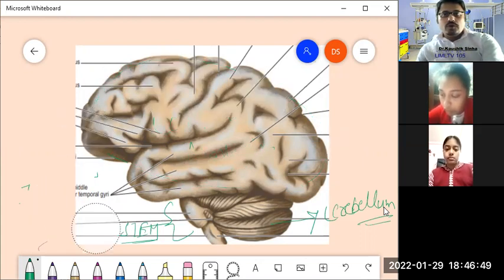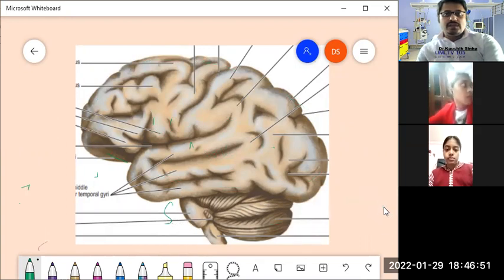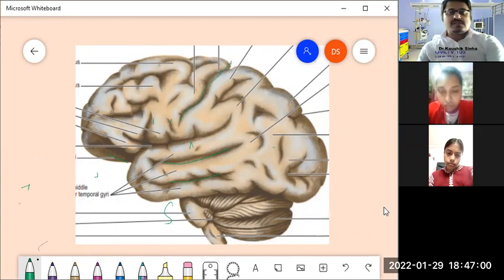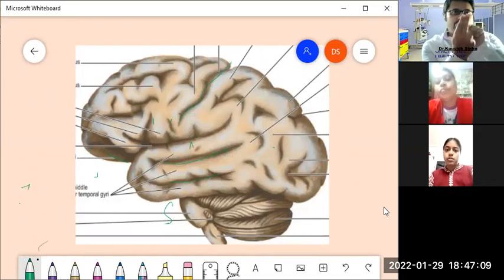Okay. Now, in this view of the brain, what you can see are multiple folds. So these dark lines that you can see, over which I am putting some green streaks, these green streaks represent the areas of the folds. As for example, see my fingers. I have joined my fingers.